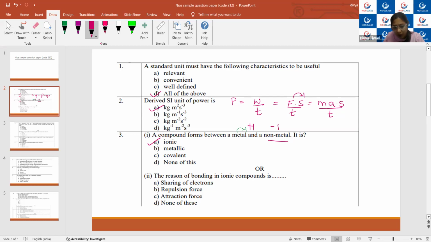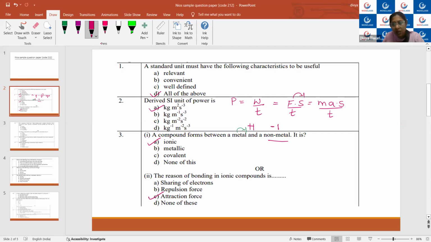The reason for bonding in ionic compounds: is it sharing of electrons? As I have just explained, sharing in ionic compounds does not take place. It's only about totally donating. Repulsion would mean they repel the electrons, and there will be no bonds formed. So attraction force is the answer, because one wants to donate one electron and another wants to take one electron.